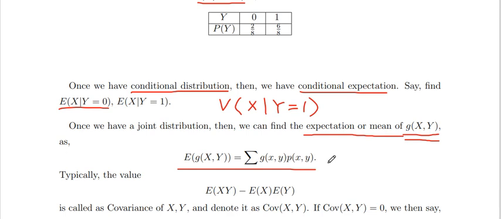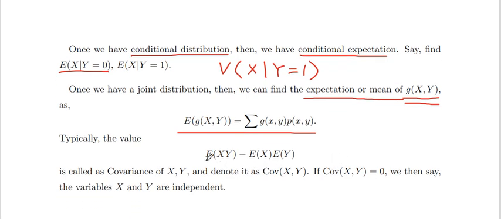Typically, for x times y, the average or expectation of xy, minus the expectation of x times the expectation of y, we define as the covariance of x and y, denoted Cov(x,y). Okay, so if this covariance is 0, we then say x and y are independent.